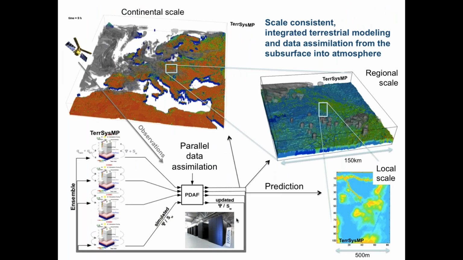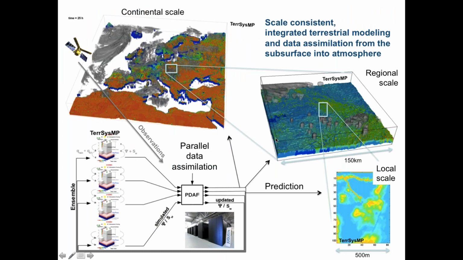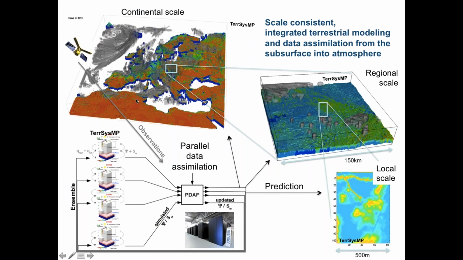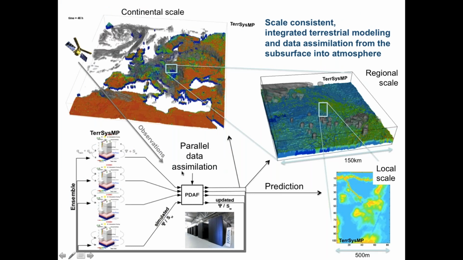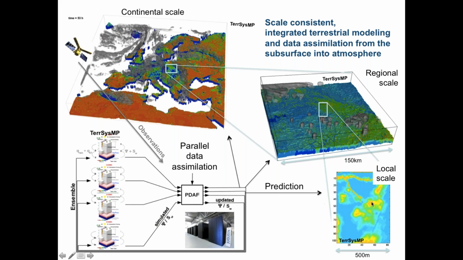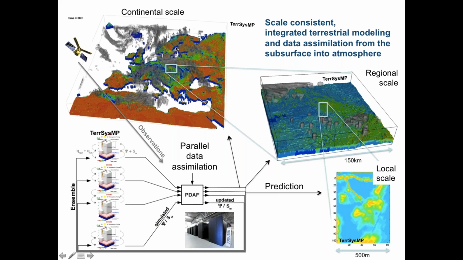So we have to do something about it, and I feel this is really our vision. What we strive for is to fuse our models with observations, here depicted as little satellite remote sensing information, and we want to do this from the local scale across the regional scale to the continental scale.